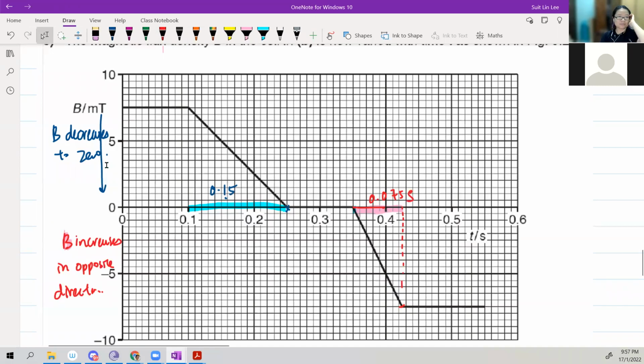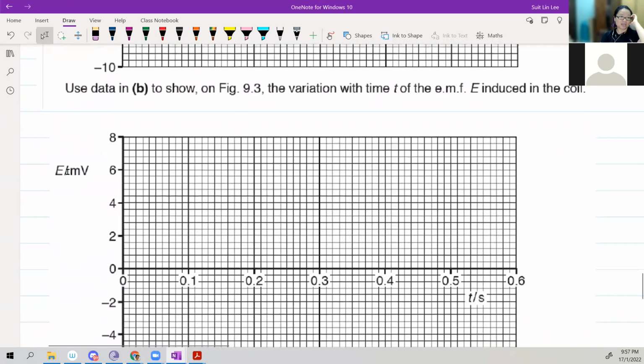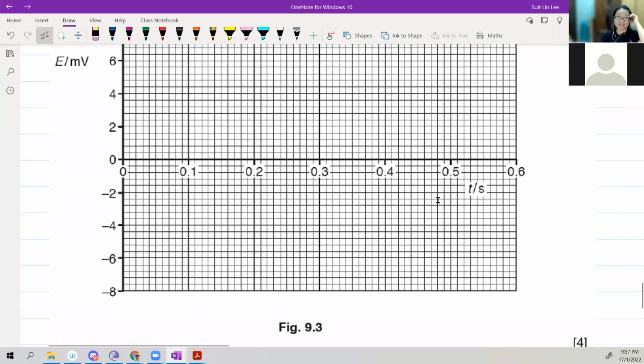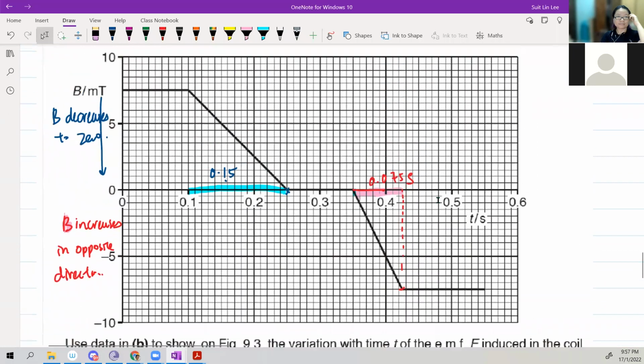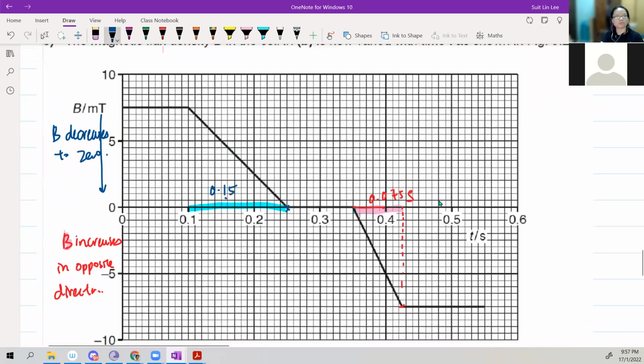So you know what's next? We are going to sketch the EMF against time. So I'll give you a few minutes. Sketch induced EMF against time. I'll give you a hint. We already calculated this one.